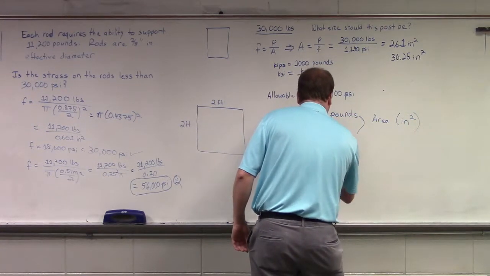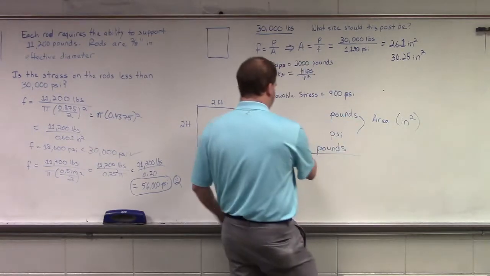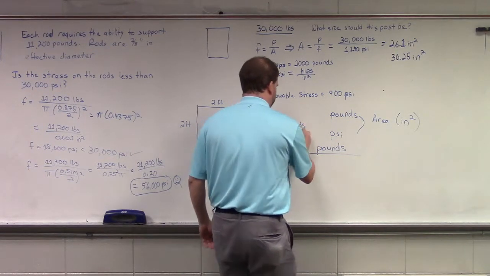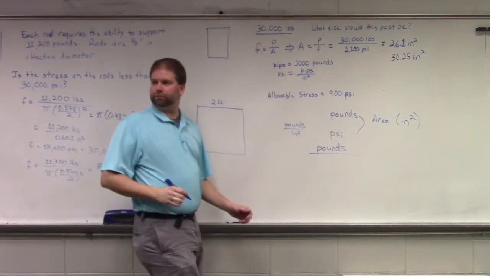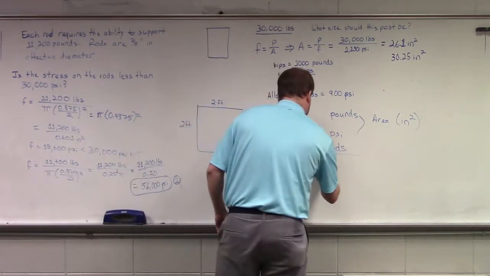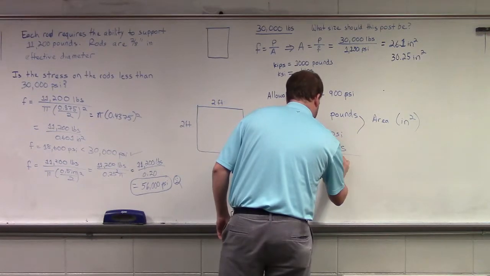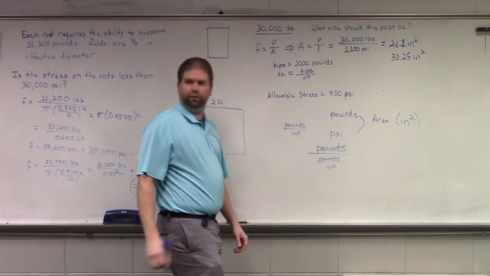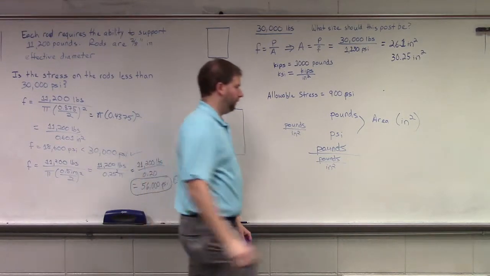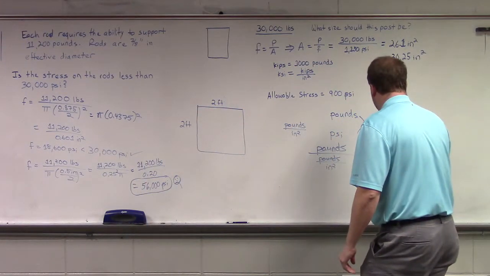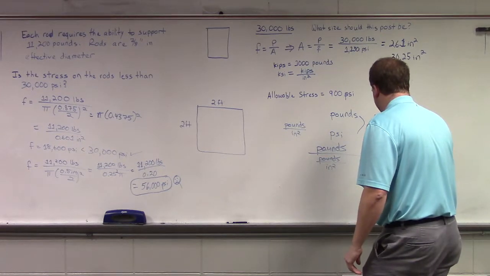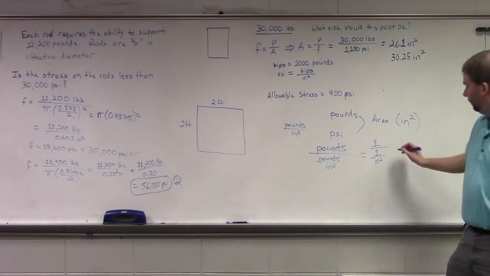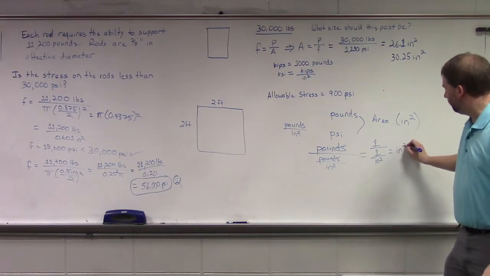So if we do pounds, because PSI, all we're saying is pounds per square inch, correct? Our pounds will cancel, and then we're left with 1 over inches squared. And isn't that the same as inches squared?